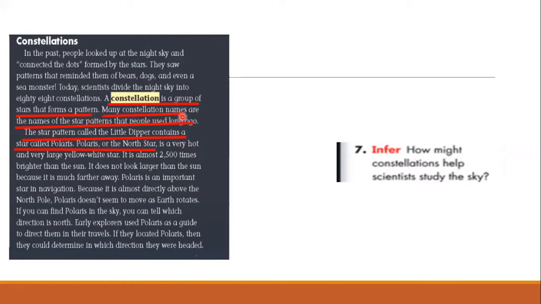Many constellation names are the names of the star patterns that people used long ago. The star pattern called the Little Dipper contains the star Polaris, and Polaris, or the North Star, is a very hot and very large yellow-white star.